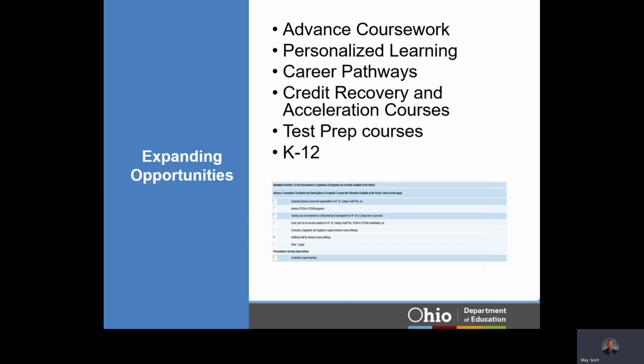The grant is to provide students with additional opportunities that the district has not been able to provide in the past for student courses. Examples include advanced coursework such as AP courses, personalized learning opportunities, career pathways, credit recovery, or accelerated courses, test prep courses for AP or technical certification. The program can be for grades K through 12.